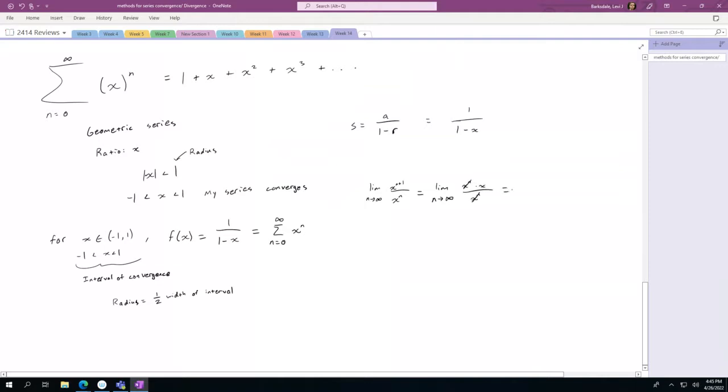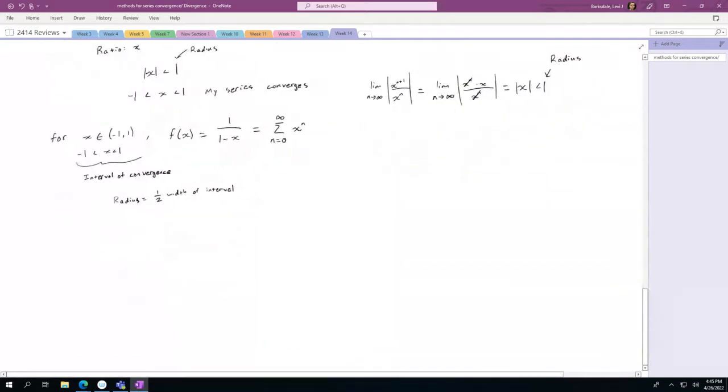Cancel my x to the n's. Well, then this x is completely independent of n, so I get x. Well, my ratio test tells me that this absolute value needs to be less than 1 for it to converge. I can think about this as being my radius of convergence whenever the coefficient on my x is 1.